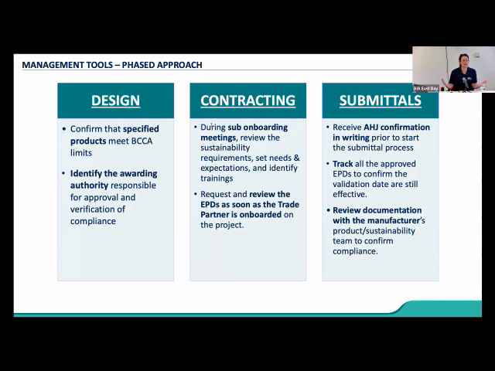Congratulations on being awarded the project. Just want to make sure that you have the insurances in place, that you have builder's risk in place, that you are fully aware that this is a Buy Clean California project, and that you're planning on procuring compliant material. And then make sure that you're requesting and reviewing those materials as soon as humanly possible.